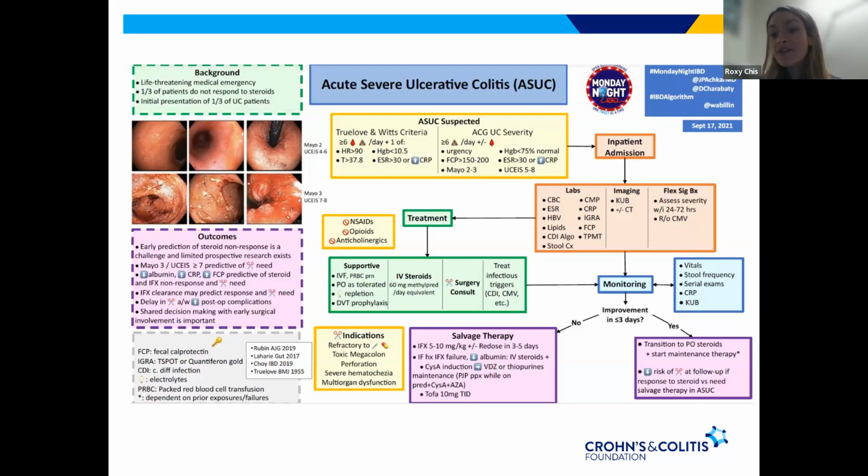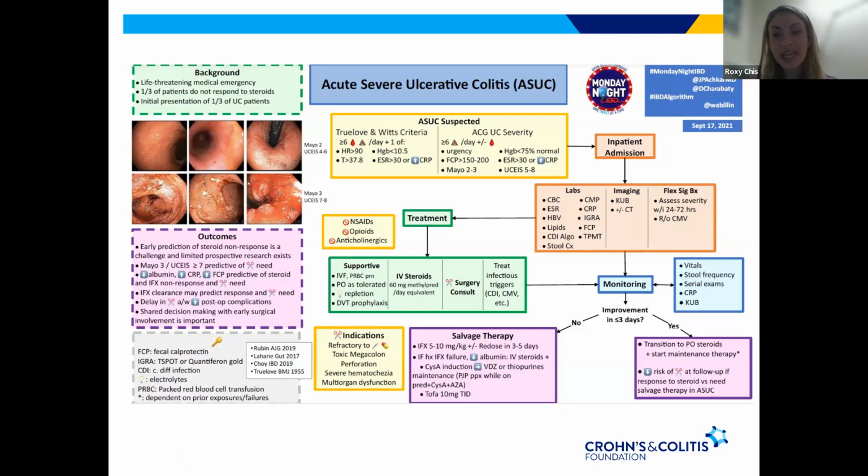And so if there is no improvement or only marginal improvement in 3 days, that's when we start our rescue protocols, specifically biologics. So this is when you need a gastroenterologist to be involved, clearly. And they get intravenous biologics, and then we reassess again.